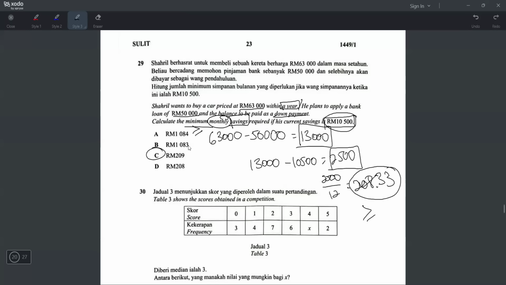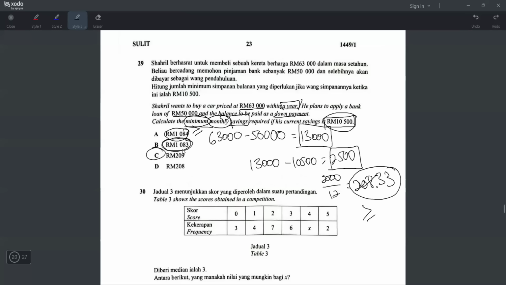Okay. Then sir, why don't you bulat 1083, 1084? Ini pun bigger mah. Ini pun bigger. Okay. Saya tak bulat A dengan B sebab dia nak minimum. So the minimum should be 209. The minimum yang dia kena save is 209. Of course, if you save 1083, itu lagi bagus. You will reach the goal faster, of course, if you save this amount. Sebab lagi banyak saving, lagi cepat lah you boleh mencapai goal tu.